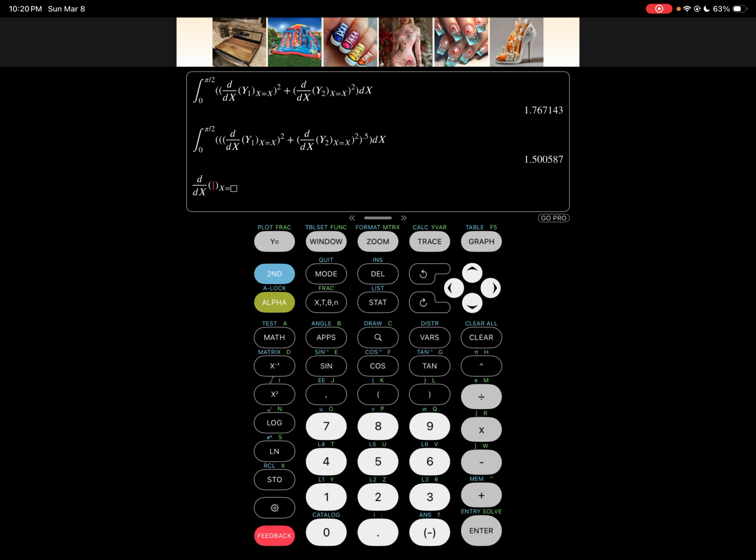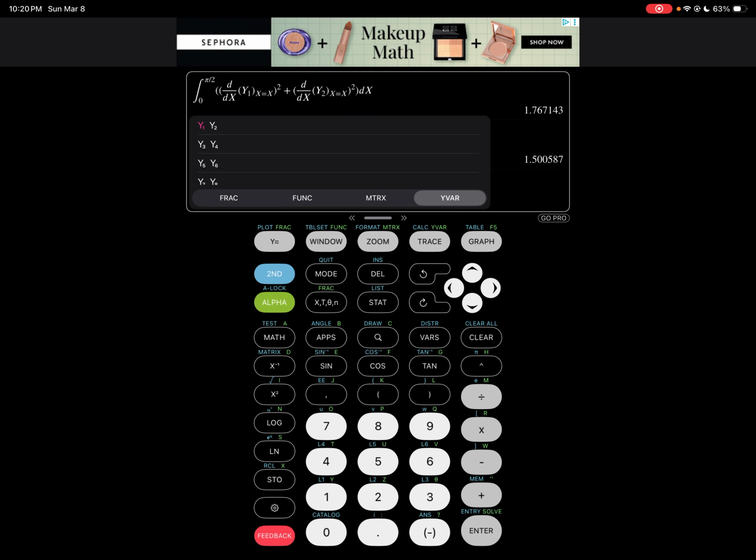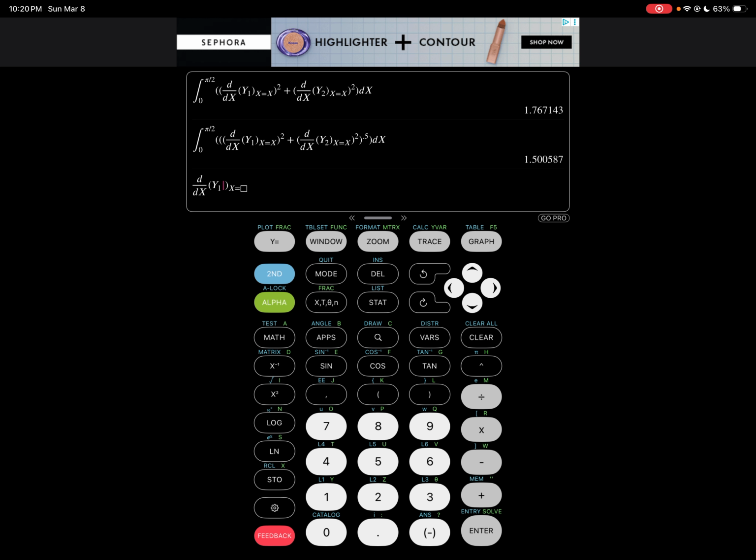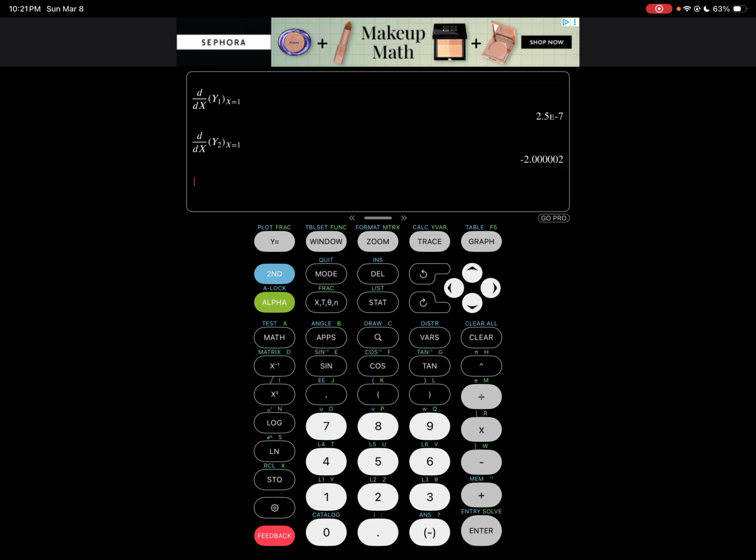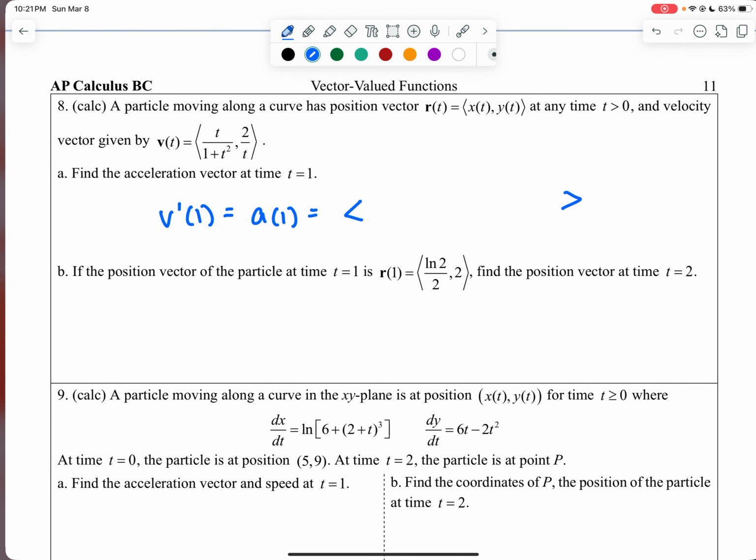Oh, yep. Alpha trace y1 at 1. And then alpha trace y2. Trace y2 at 1. So then we get 0, and then we get -2.